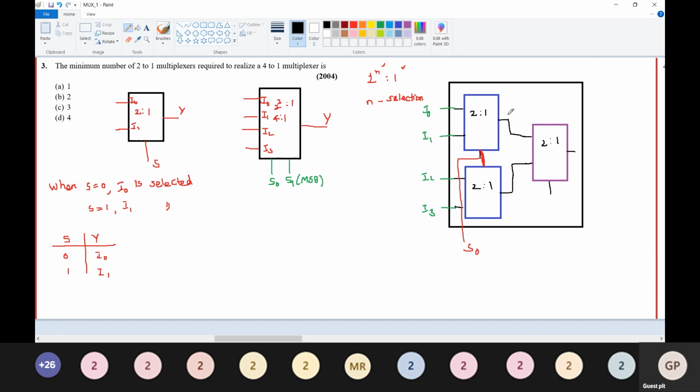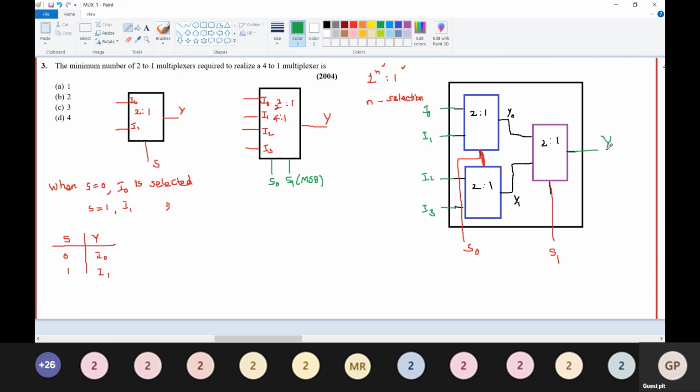I'll put this as Y. This selection line I'm going to extend outward and take as S1. Finally, the output of the third multiplexer is taken as the final output Y.